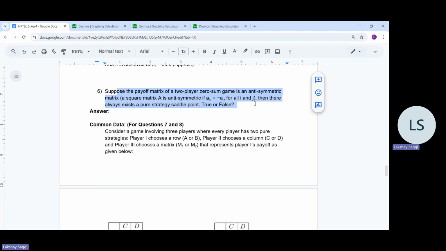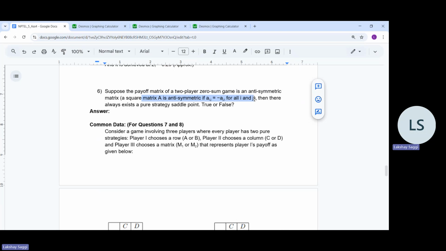It's just that the i comma jth entry of the matrix should be equal to the negative of the j comma ith entry of the matrix. Essentially what this means is that the matrix A plus A transpose should be equal to a zero matrix.